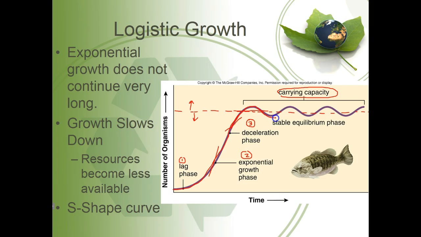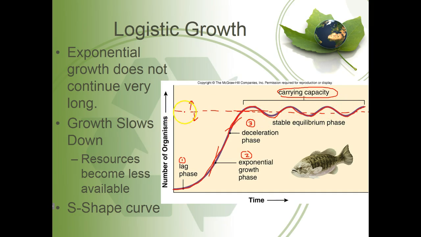And when they die out, they drop below the carrying capacity, but now they do have resources available, and so they reproduce and overshoot the carrying capacity again. Then there are no resources, so they die out, and then there are resources again, and so they overshoot, die off, overshoot, die off, overshoot, die off.